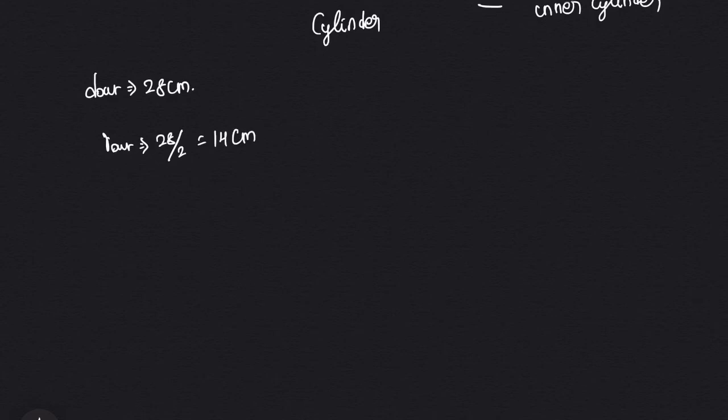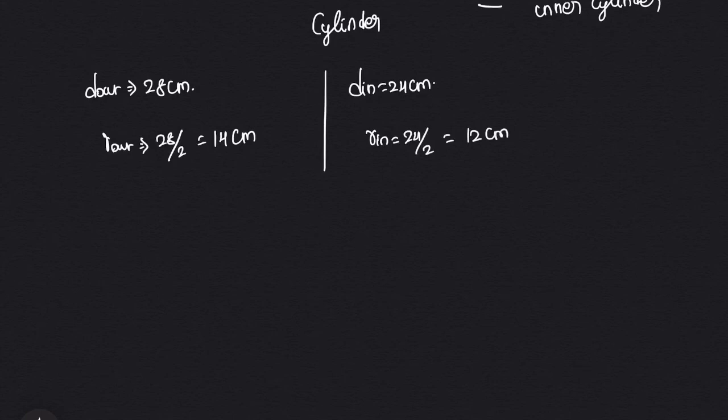For the inner cylinder, d in is equal to 24 centimeter, so the radius is 24 divided by 2, which is 12 centimeter. Both heights are the same, so just replace the values.